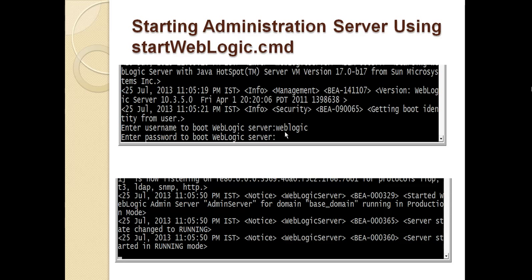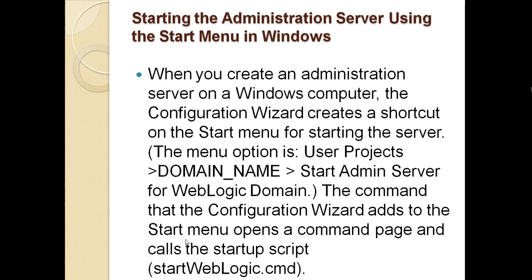Once you give the username and password, you will get some information in the logs that it is in running mode. Once you get this running mode, you are confirmed that your WebLogic server is running, and then you can go ahead and open the admin console in the browser.